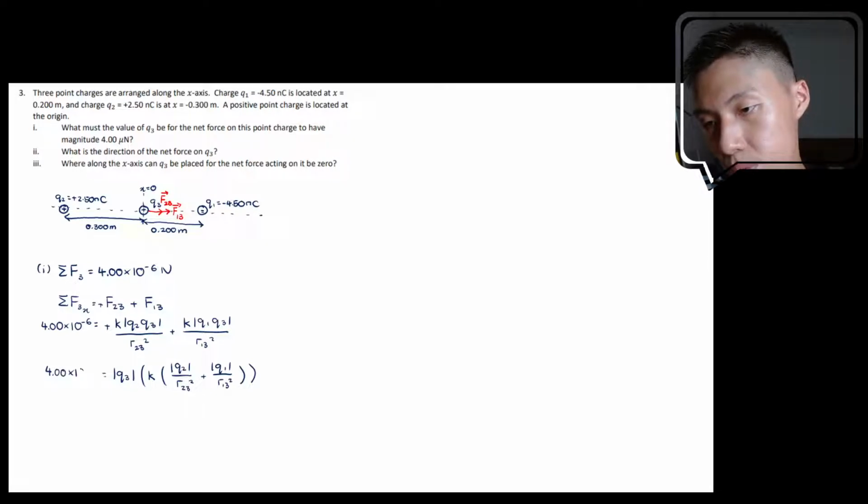So now we can substitute in all the values that we know. 4.00 times 10 to the power of -6. Q3 we don't know, we want to find. K is 9.0 times 10 to the power of 9. Q2 is 2.50 times 10 to the power of -9.